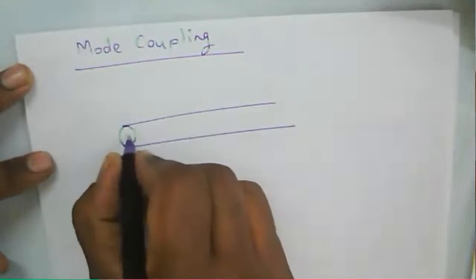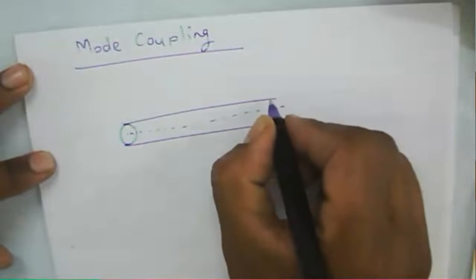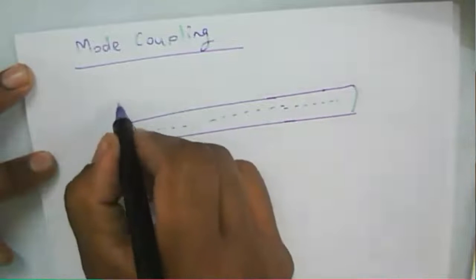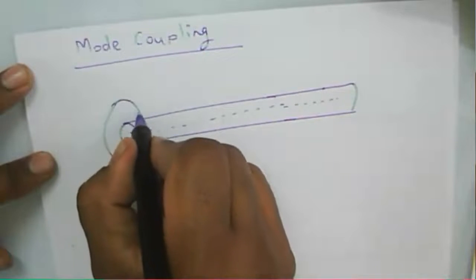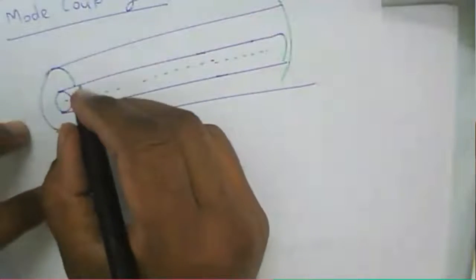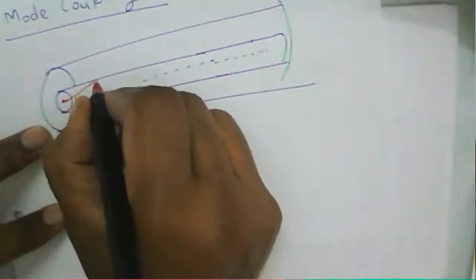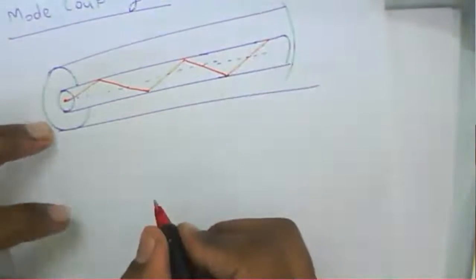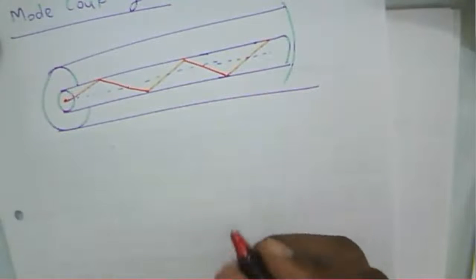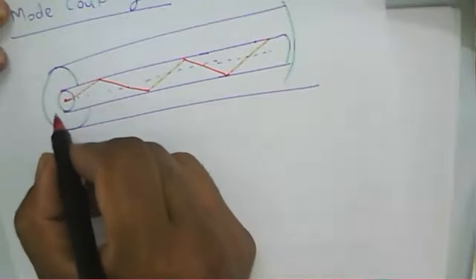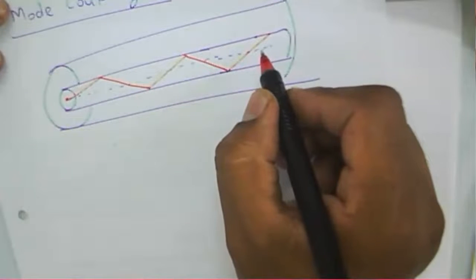For a given fiber, your light is propagating through the axis here. That is the axis of a fiber. And this one is nothing but the cladding. Generally we say that light is propagating through the core, means those rays are propagating through the core here.